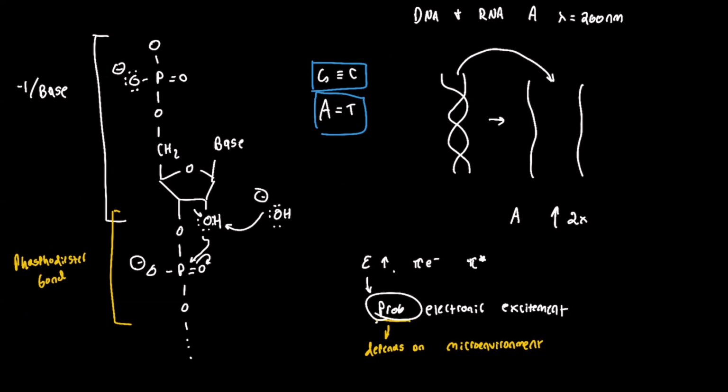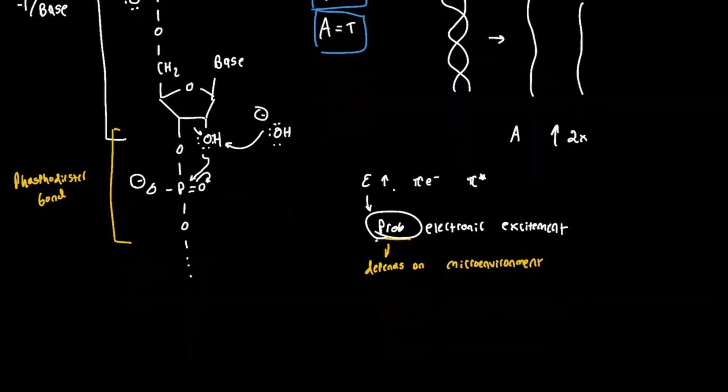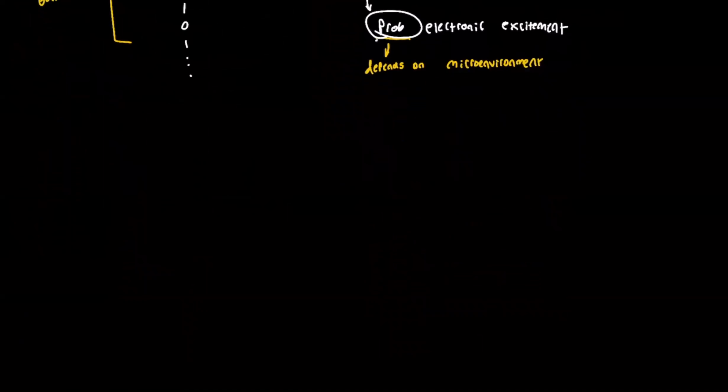And if each probability of electronic excitement goes up, then that means we're going to be absorbing a lot more. So when there's no stacking, the absorbance can increase like crazy. And we can actually use this phenomenon. It's what we call detecting melting of DNA by hypochromism.